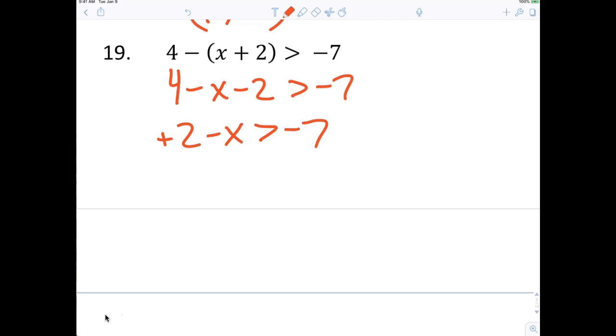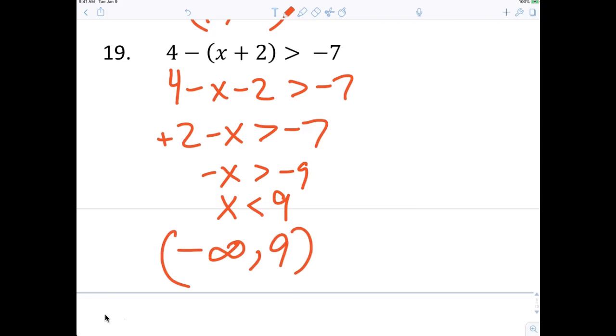How do I get rid of plus 2? Minus 2. So -x is greater than -9. Change the signs. When I change the signs, x is less than 9. Double check your signs. If x is less than 9, that means you're going from -infinity to 9.